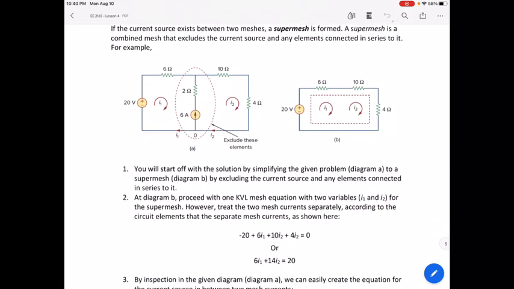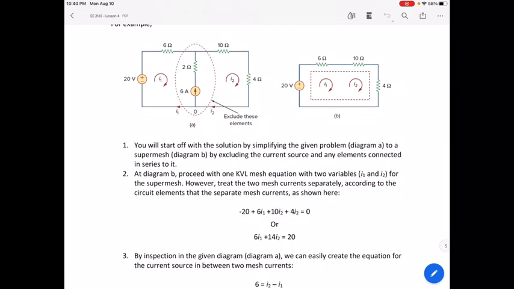First things first, we will start off with the solution by simplifying the given problem, which is from diagram A to diagram B, on a supermesh perspective by excluding the current source and any elements connected in series to it. So the 2 ohm resistor will be gone as well. At diagram B, proceed with 1 KVL mesh equation with 2 variables I1 and I2.